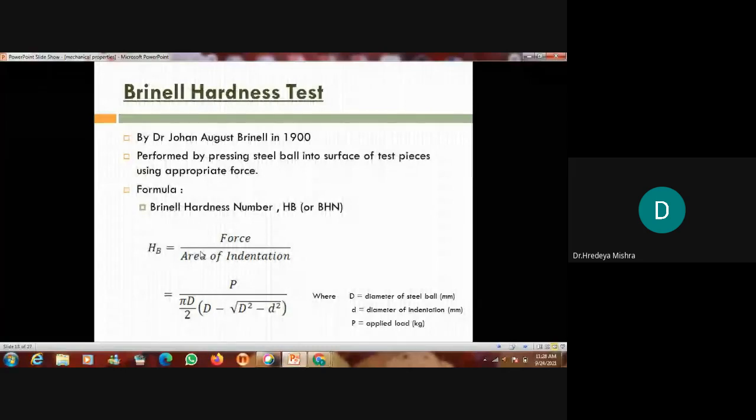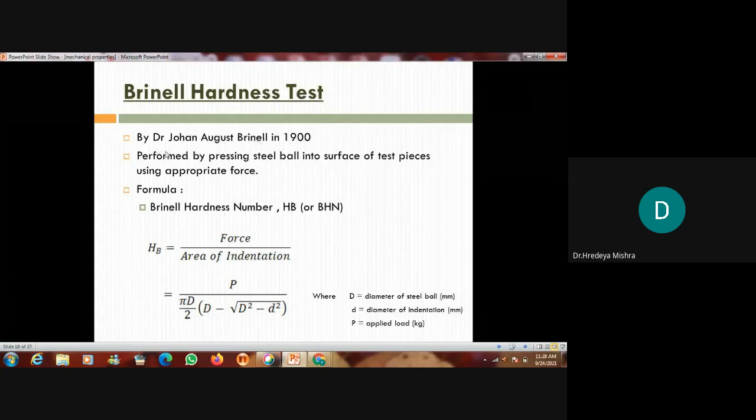So the Brinell hardness test. What is the name of this scientist? Dr. John August Brinell. That's why this hardness test is named Brinell. In the 19th century, he performed it by pressing a steel ball into the surface of a test piece using appropriate force.